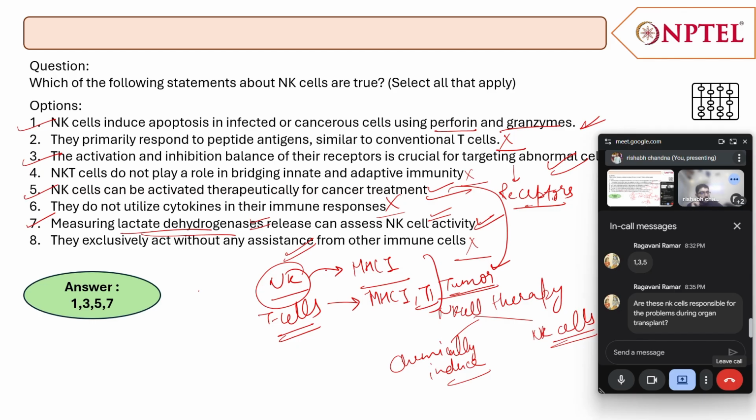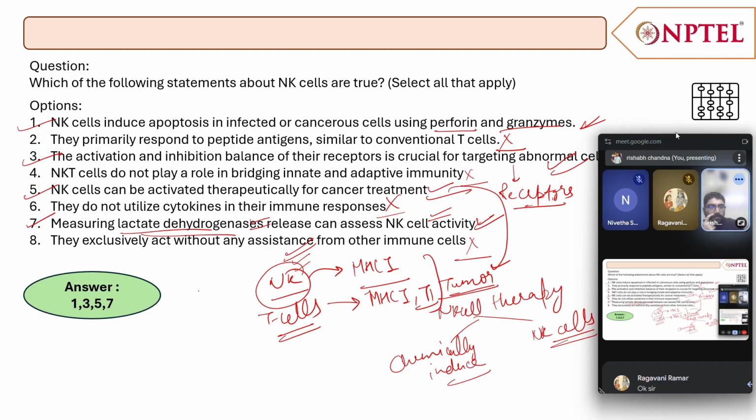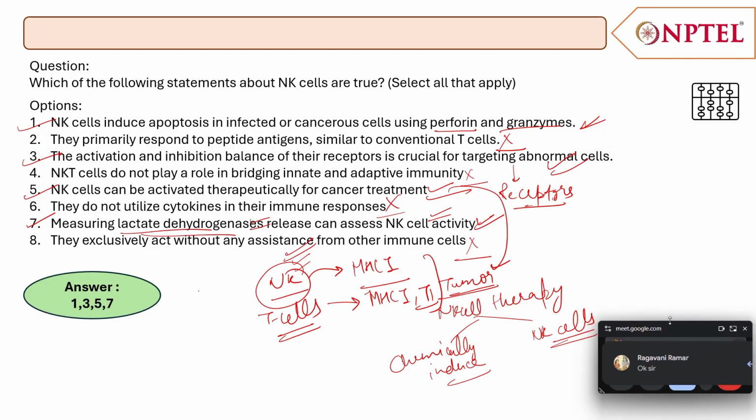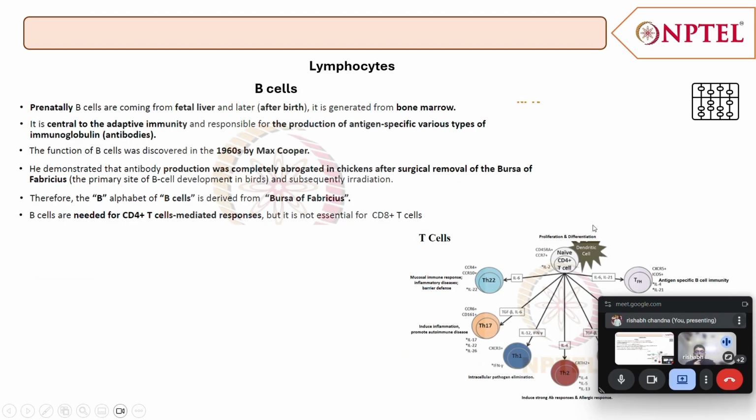So not only NK cells will be involved in organ transplant rejection, but other cells are also involved. Okay, so let's move forward.